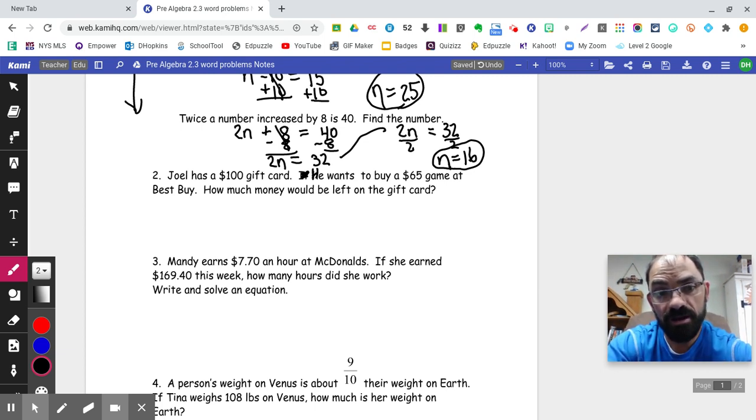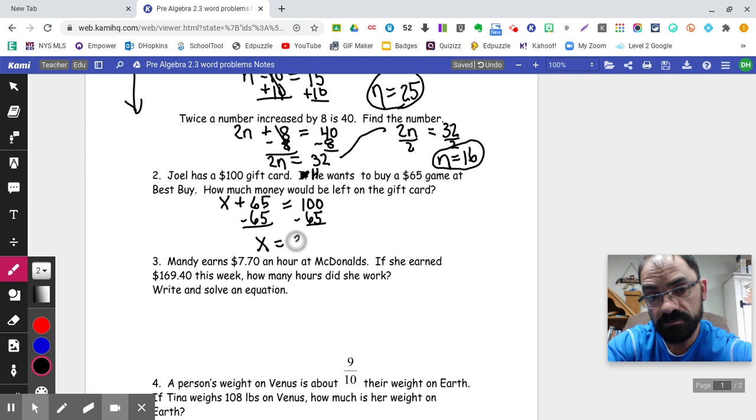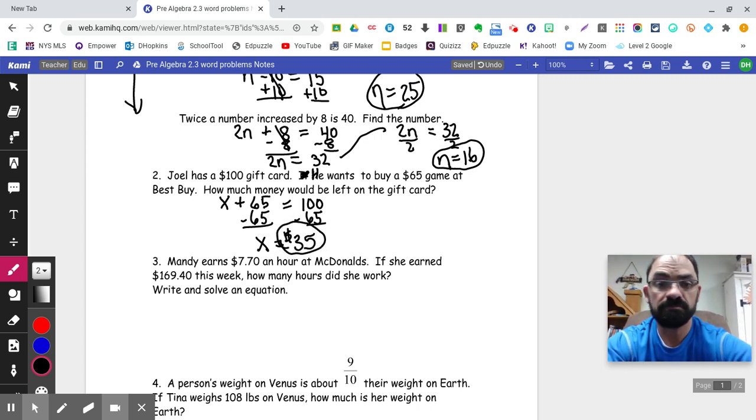I could say the unused balance plus 65 has to equal the amount on the card, which is $100. And then I can just subtract 65. X equals $35. And use proper labels. In this case, we're talking about money, whereas up at the top, we just had n as a number.